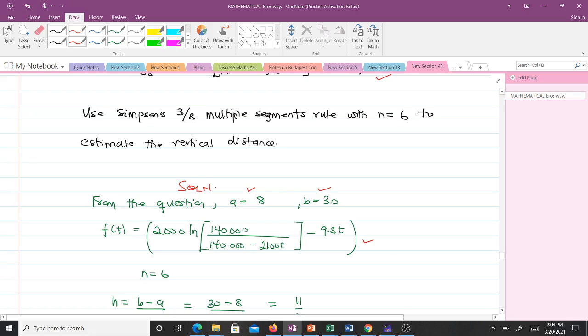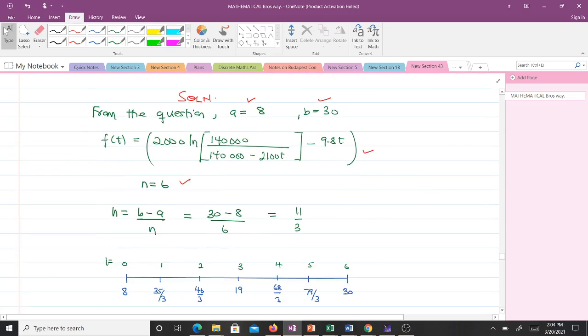Okay, so we have n, the number of segments, to be 6, so our step size will be b minus a over n, which will be 30 minus 8 over 6, and which evaluates to 11 over 3. So that means we have to draw an interval and partition it into 6 equal parts. Alright, so that's what you can see here.